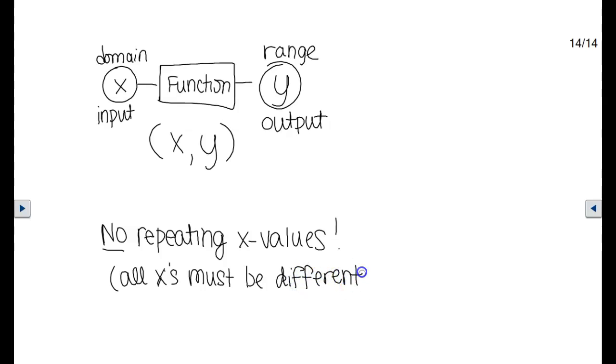If you have your numbers, and you want to know if it's a function, look at those x's. Make sure they are all different. If they're all different, it is a function. If some of them are the same, then it's not. And then on a graph, you're going to use your vertical line test.